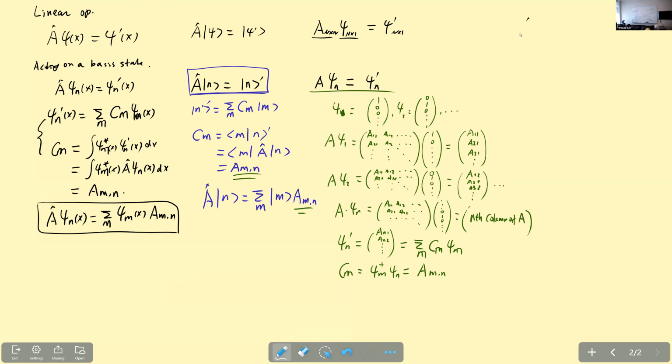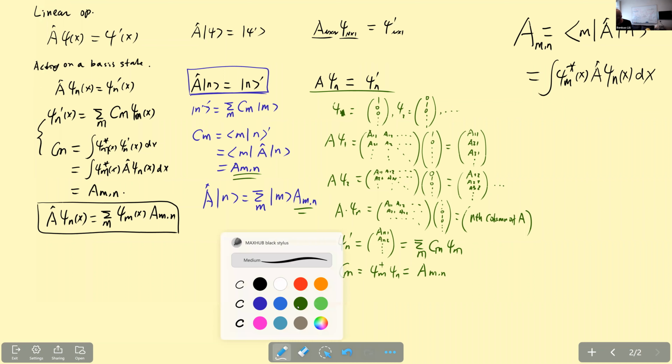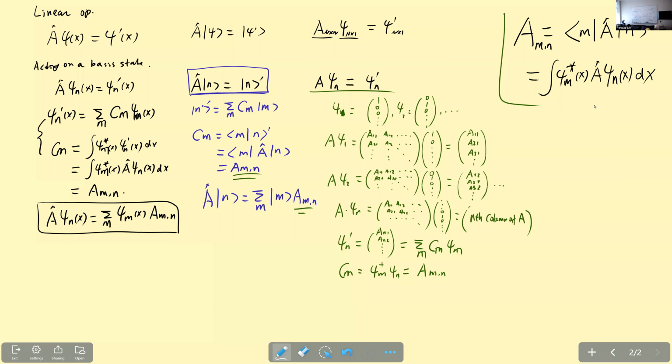So we can have the matrix A is nothing but just, you know, with a matrix element. Or in wave function form, that's a percent M. Okay. Right. So this is what we have obtained for the matrix representation.